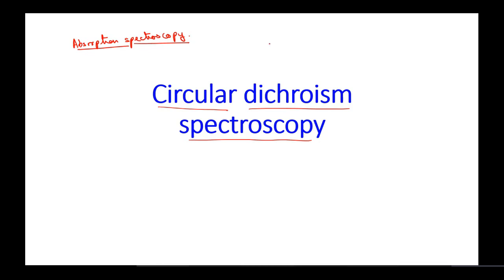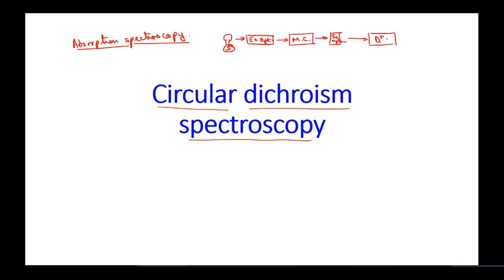Okay, so in absorption spectroscopy, what are we having? We were having a light source, then some excitation optics, then a monochromator, then the sample, and at the end the detector.